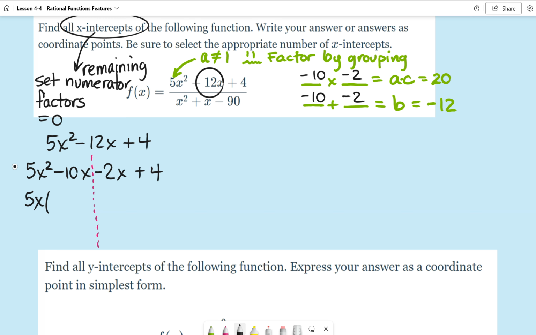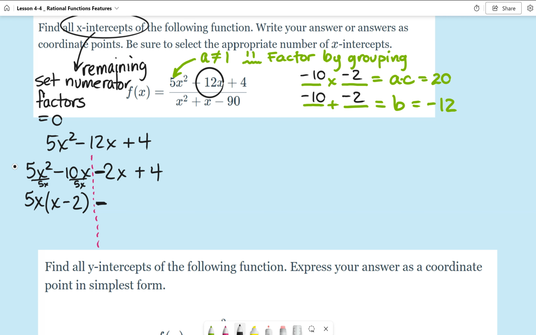And like I've said before, GCF just means you are dividing out whatever the GCF you determined it to be. 5x squared divided by 5x is just an x. Negative 10x divided by 5x is a negative 2. I'm going to bring down whatever the sign is. In this case, my sign was a negative 2, so bring down a negative.